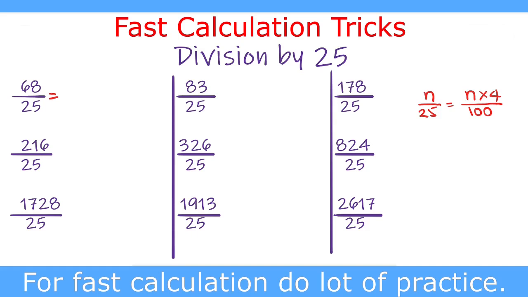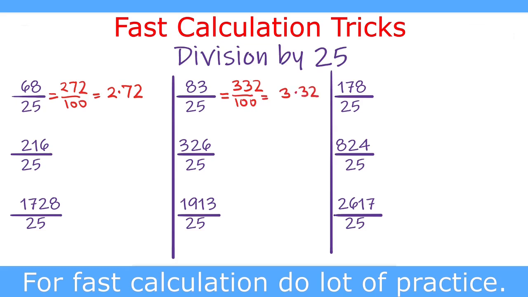So we write this equal to 272 divided by 100. This is equal to 2.72. Similarly, 83 divided by 25. Double of 83 is 166 and double of 166 is 332. This is equal to 3.32. We go to the next question.